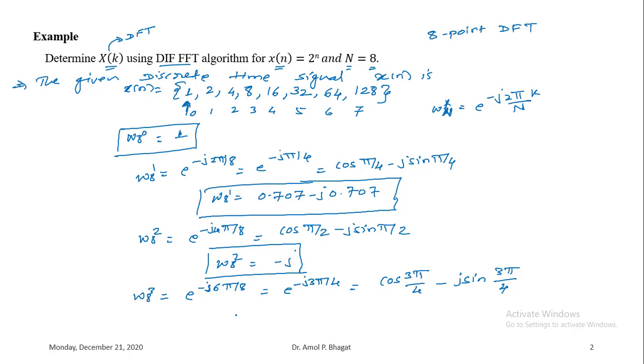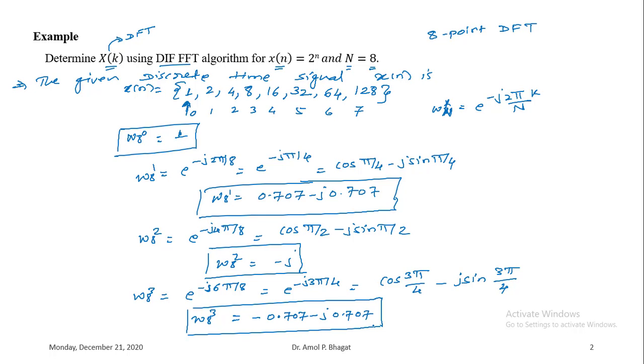So if you again put the values, cos 3 pi by 4 is minus 0.707 and sin 3 pi by 4 is again 0.707, so it is minus 0.707 minus j 0.707. So this is W8 3.